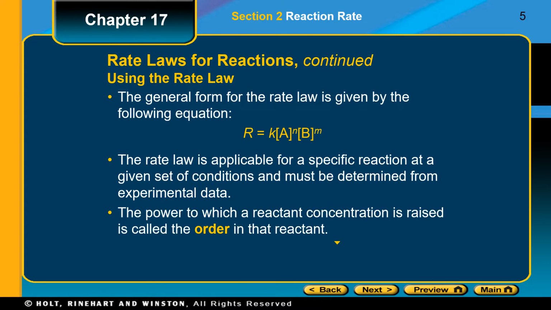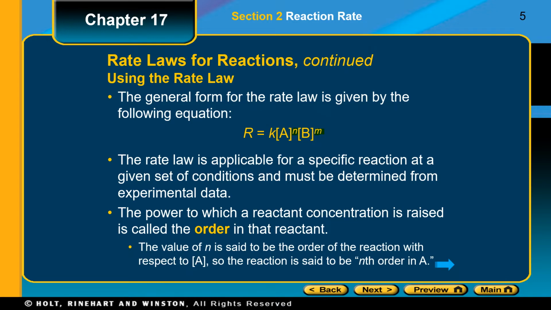And the power to which the reactant concentration is raised is called the order of that reactant. So in this equation up here, the N up here for A is the order of A, and the M is the order of B. So whatever power we put up there, that is the order of that particular reactant.